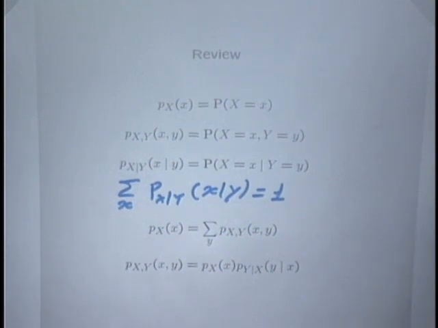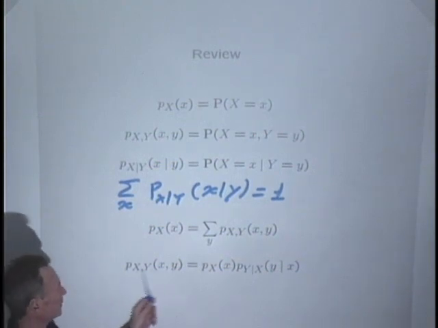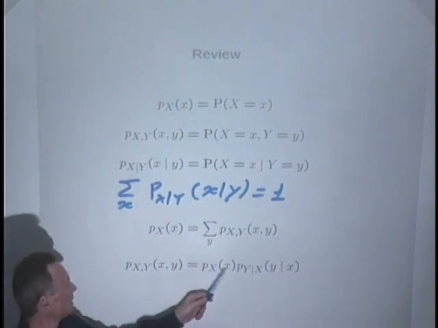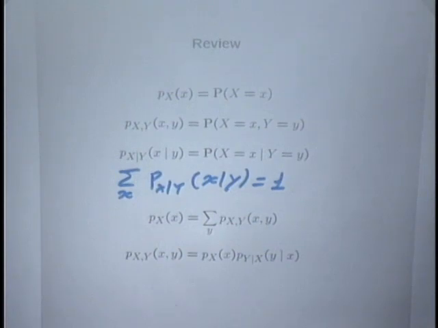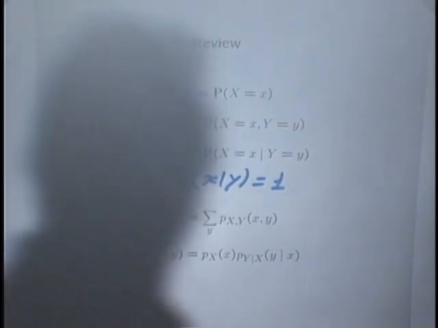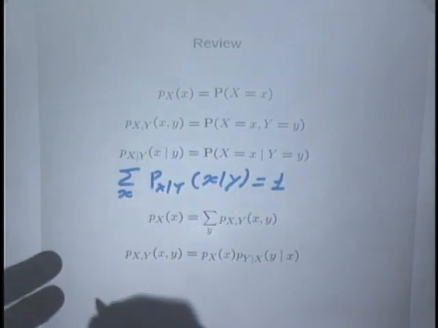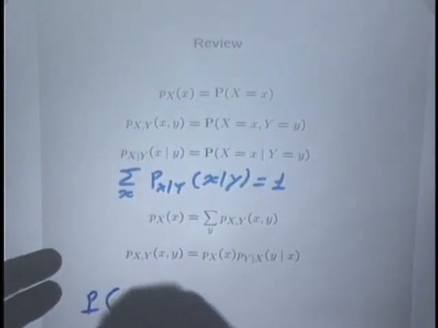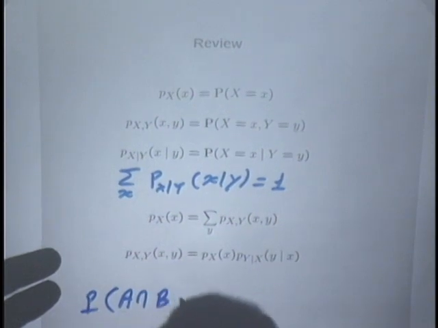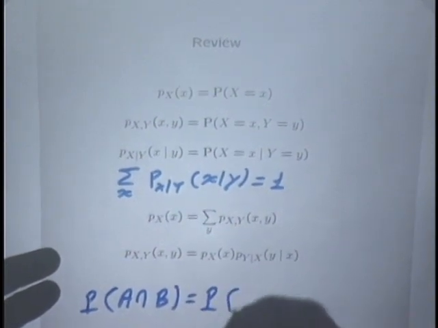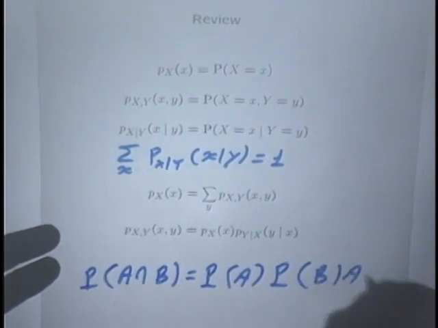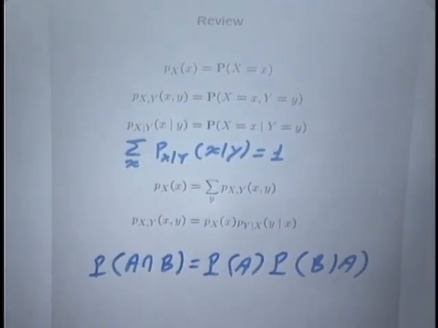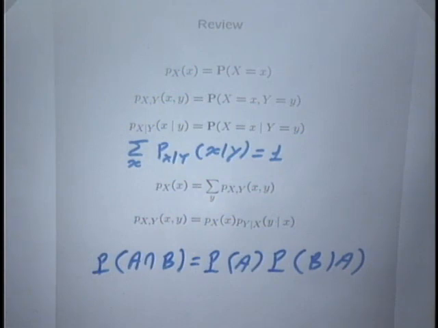And then there's a relation that connects these two probabilities with the conditional probability, and it's this relation. Okay, it's nothing new. It's just new notation for writing what we already know, that the probability of two things happening is the probability that the first thing happens, and then given that the first thing happens, the probability that the second one happened. So how do we go from one to the other?